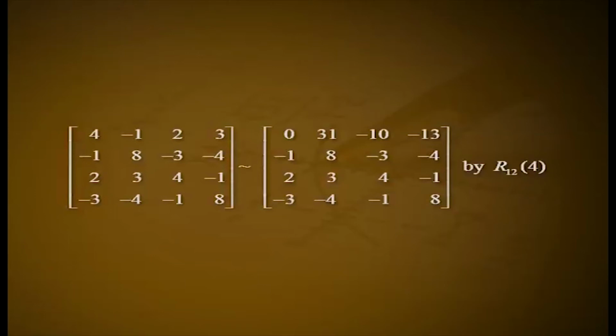The matrix [4 -1 2 3; -1 8 -3 -4; 2 3 4 -1; -3 -4 -1 8] is equivalent to [0 31 -10 -13; -1 8 -3 -4; 2 3 4 -1; -3 -4 -1 8] by R12(4).